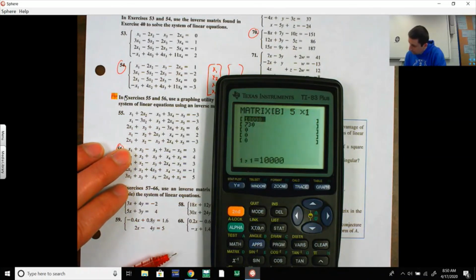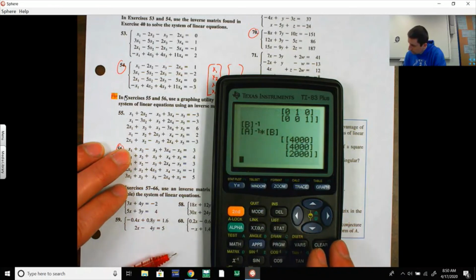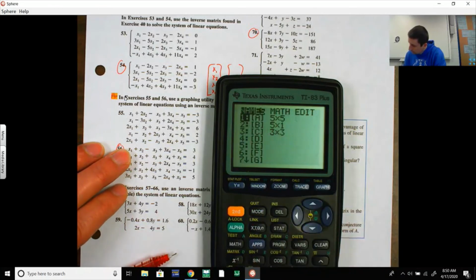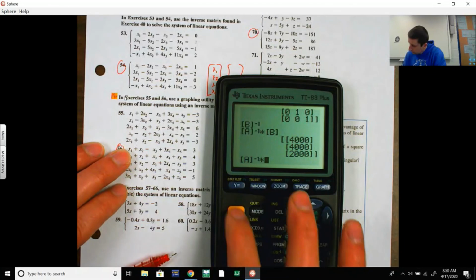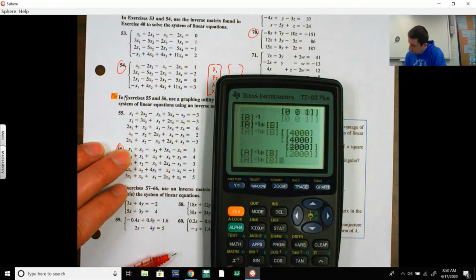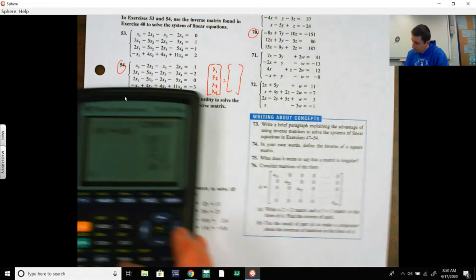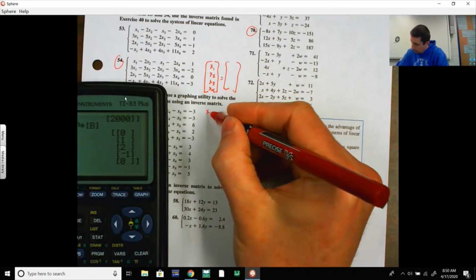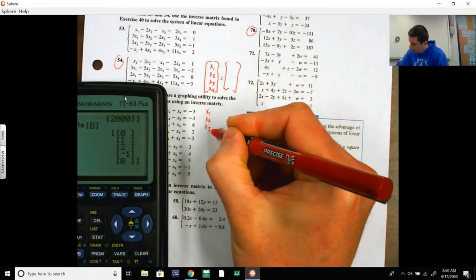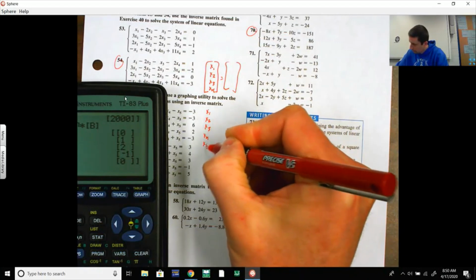5 by 1, and I want negative 3, 6, 2, negative 3. Okay, so A inverse times B. There's your answers, just like that. We'd say x1, x2, x3, x4, x5.